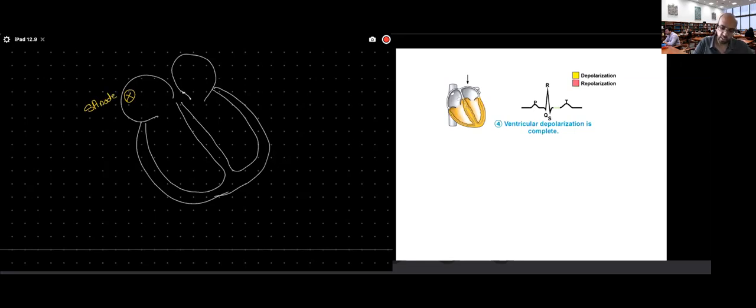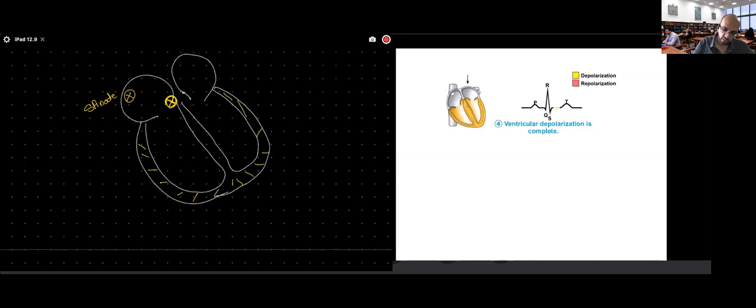Another node that will be located between the atrium and the ventricle. And we've got embedded fibers or cardiac cells that are going to be embedded in the wall of the ventricles.